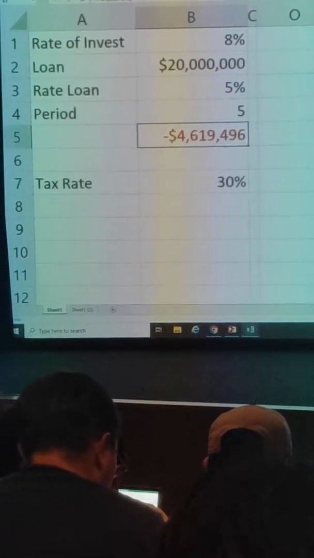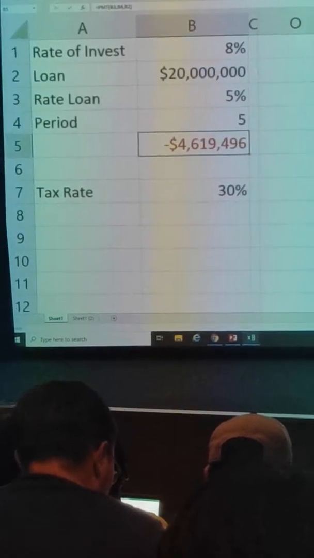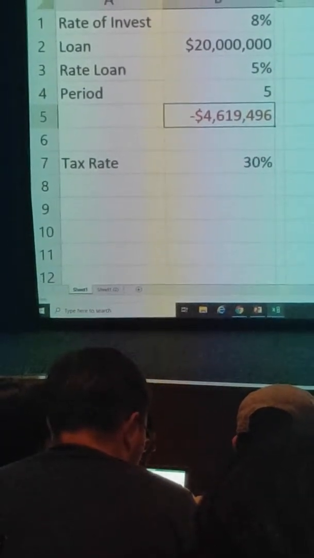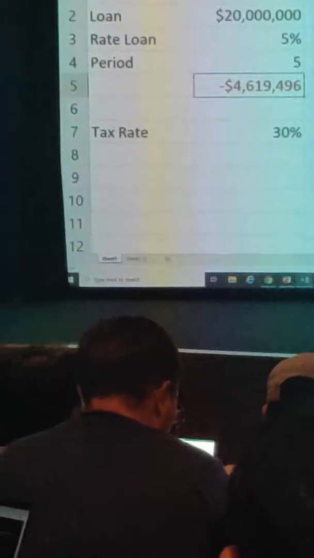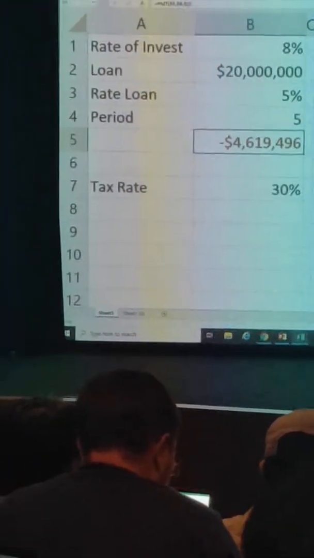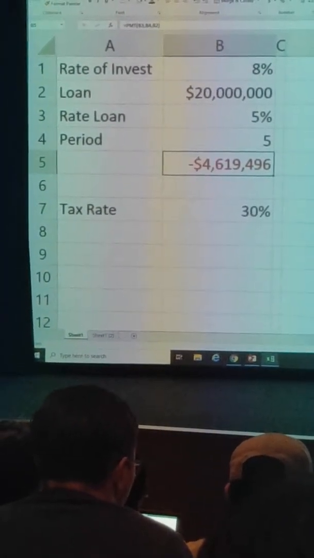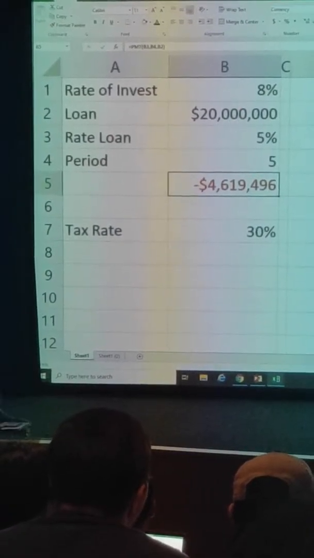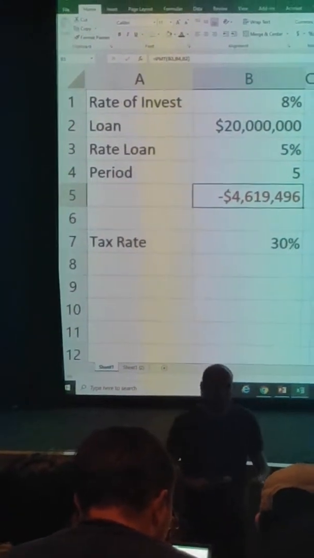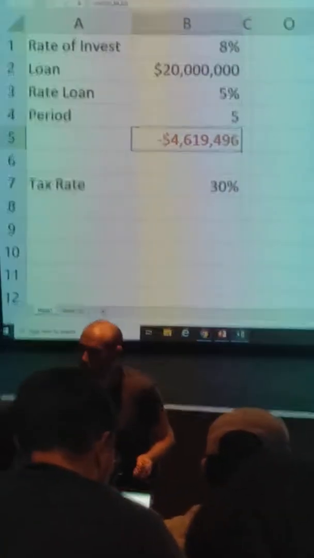Sounds bizarre, but the rules say that any expense incurred in the ongoing of a business is tax deductible. Hence why gross profits minus expenses equal profits. So how much tax have we saved?